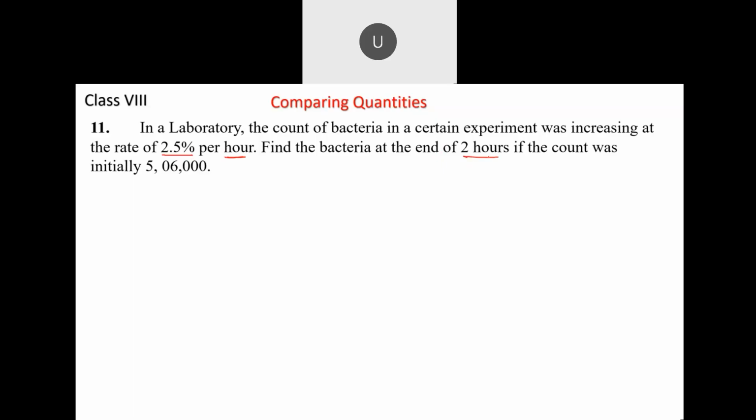Calculate at the end of 2 hours. How do we make use of the formula here? For hours, we can take time period directly. Since they are taking rate per hour, hour is equal to time, so we take time as 2.